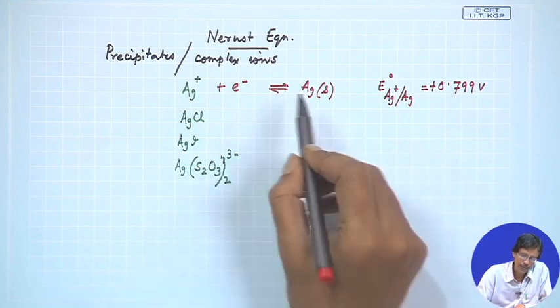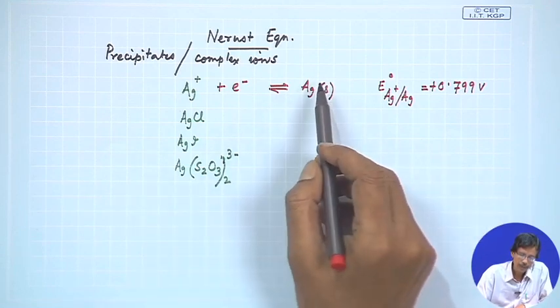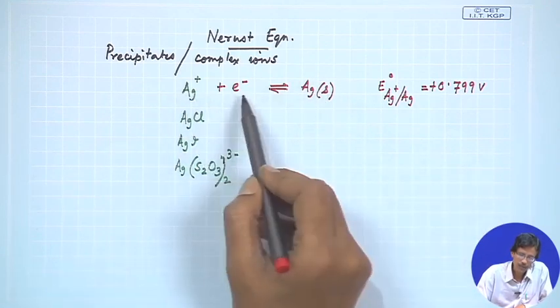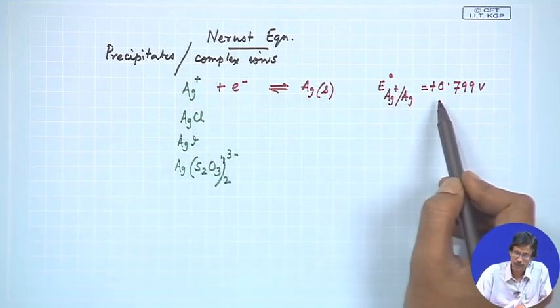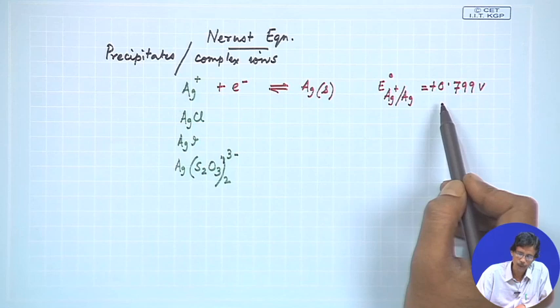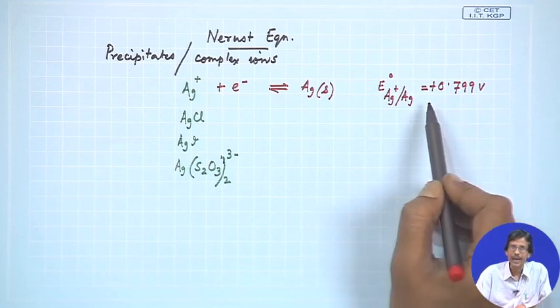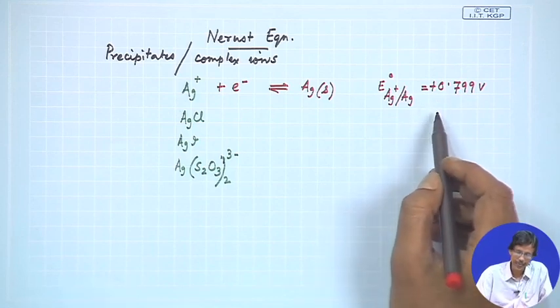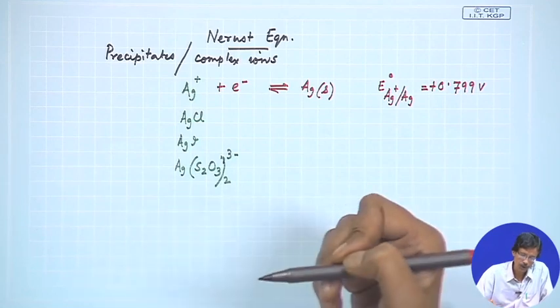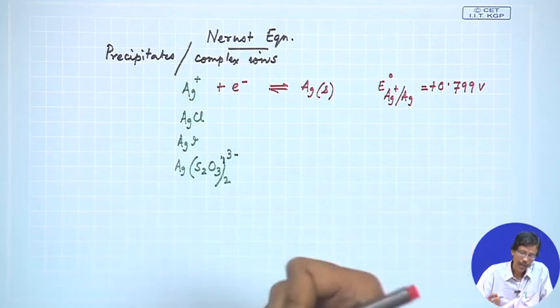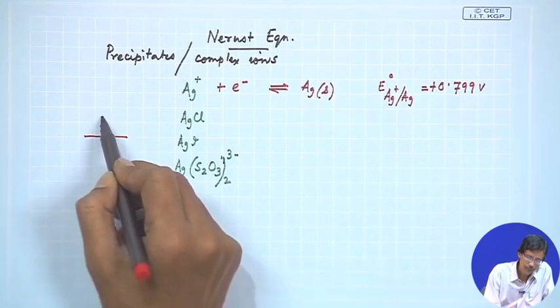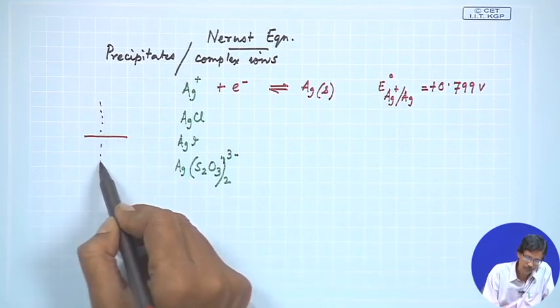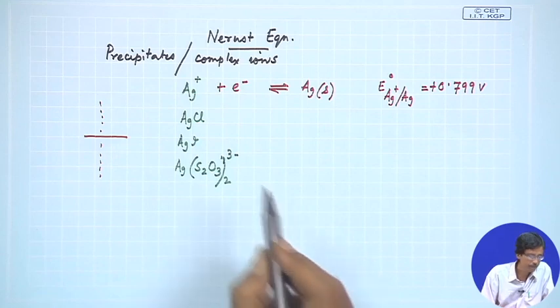This silver ion is accepting electrons, so it is a very good oxidizing agent, because of the positive values of the potential with respect to the standard hydrogen electrode. The oxidizing agents are above hydrogen, and below we have the reducing agents.